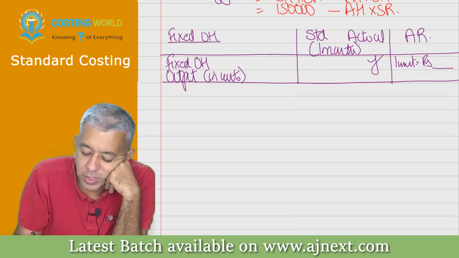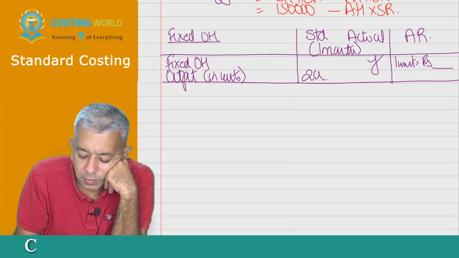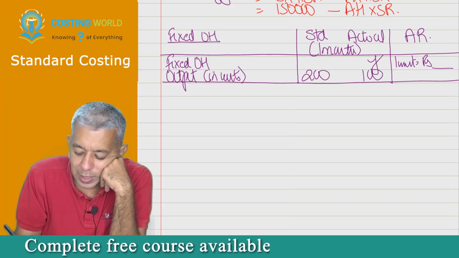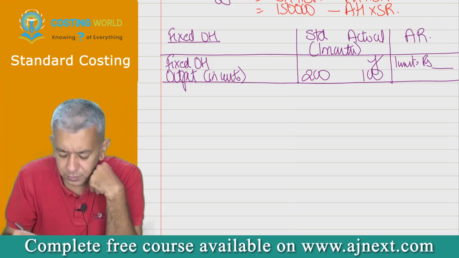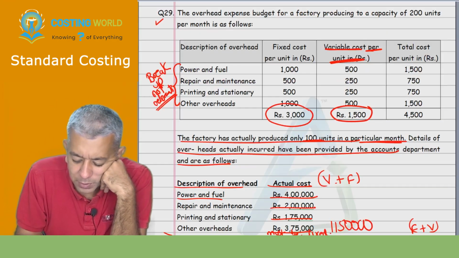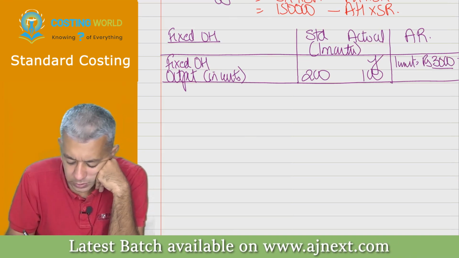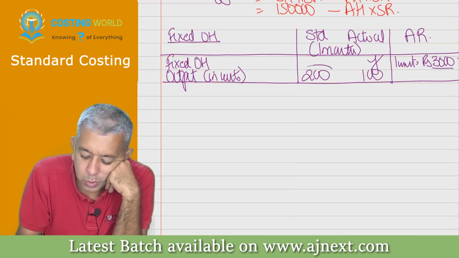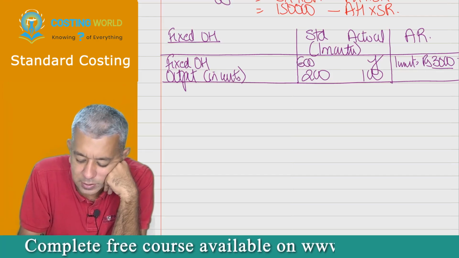How many units we thought we will produce in a month? 200. We produced 100. Okay. And can we say absorption rate is given to me, no, in the question? Yes. 1 unit should have been how much? 3,000. 6 lakhs. So therefore, 200 into 3,000, we had thought that we'll be incurring 6 lakhs.